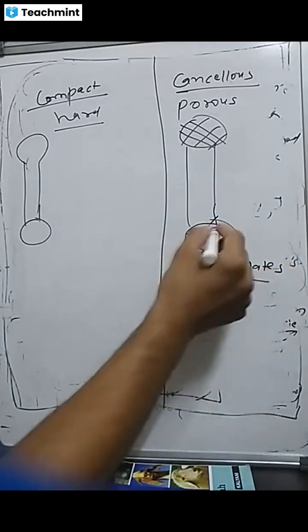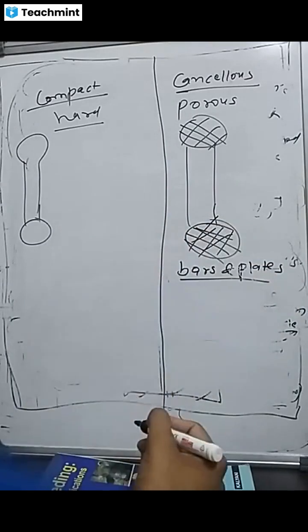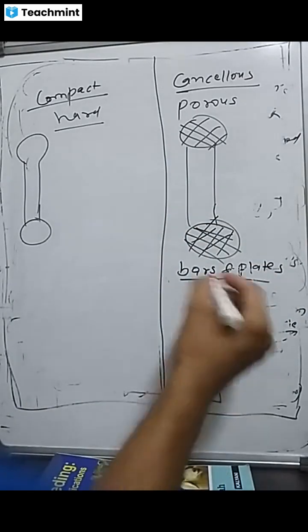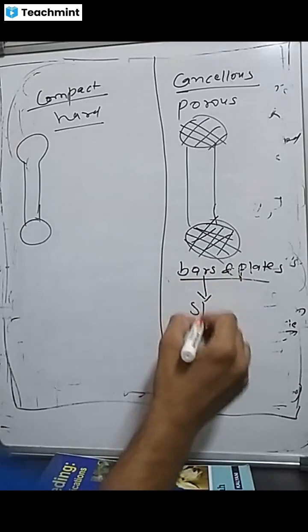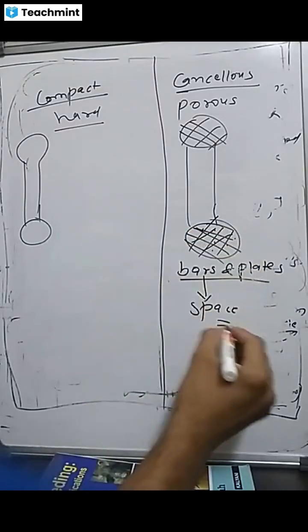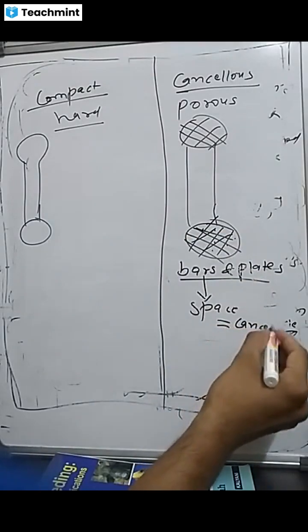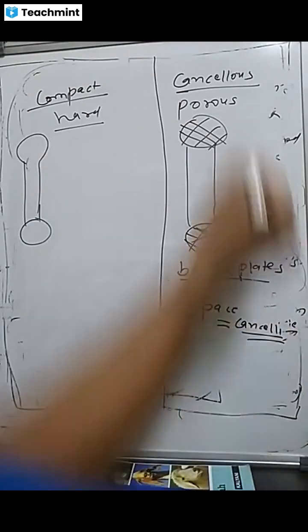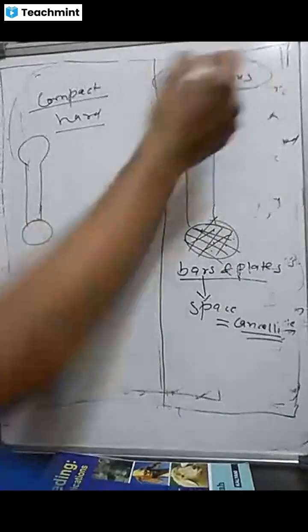They have spaces in between. These spaces are known as cancelli. That's why the name cancellous.